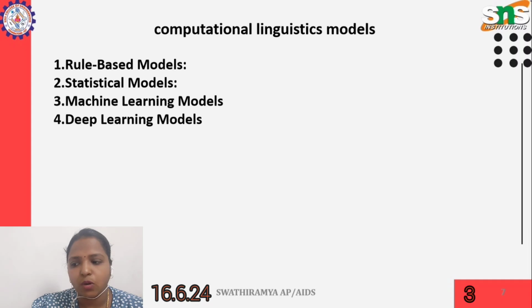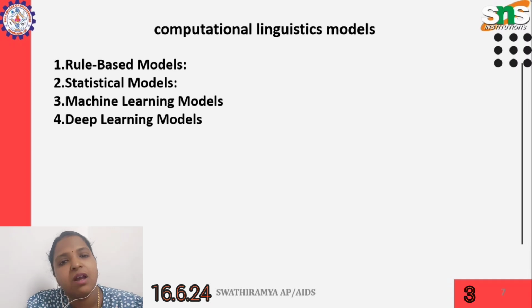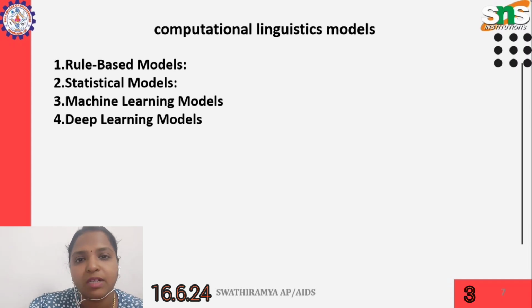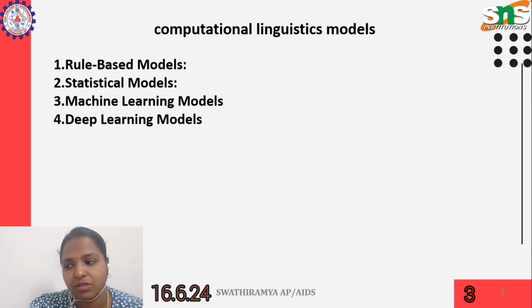These models can automatically learn patterns and relationships from the data, allowing them to generalize to new unseen examples. Then the last model, the deep learning model. Deep learning models are particularly related to neural networks and deep neural networks. These are the four models we deal with to understand human languages.